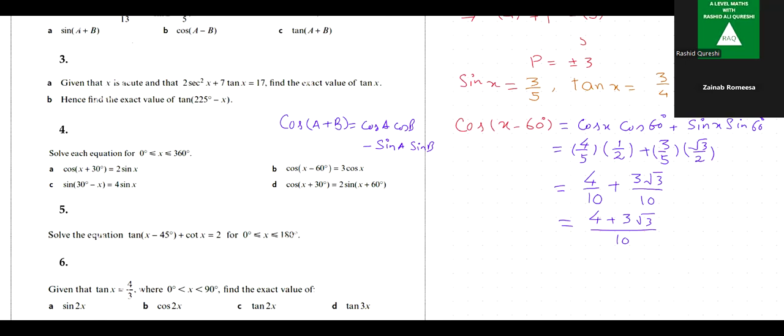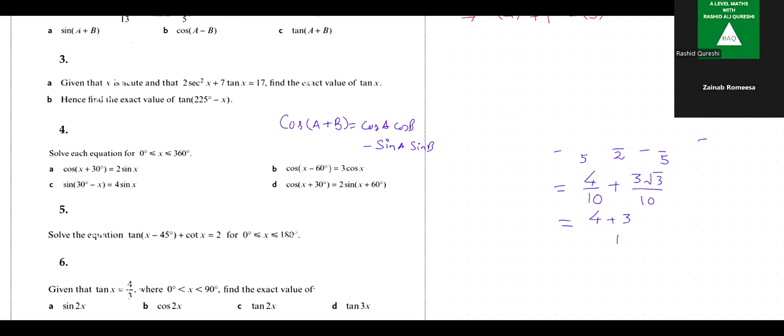Some results already we have just discussed, and the other results I will use over here. So my first question is over here. That is, given that x is acute angle, this means if you have the value of x is more than 90 degree, those values we have to ignore.